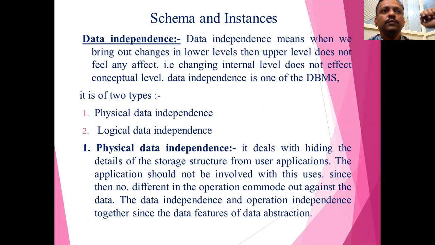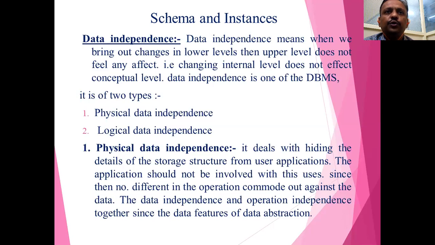Now we are going to discuss what is data independence. Data independence, in simple words, you can say there should not be dependency between levels. So there are different levels. Basically there are two basic levels, physical and logical.